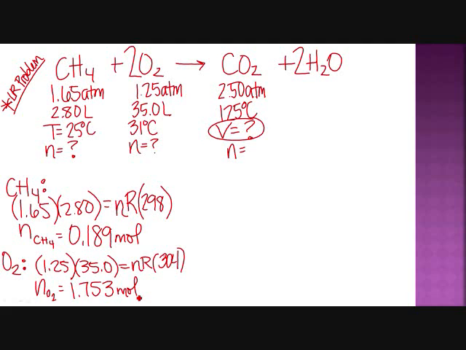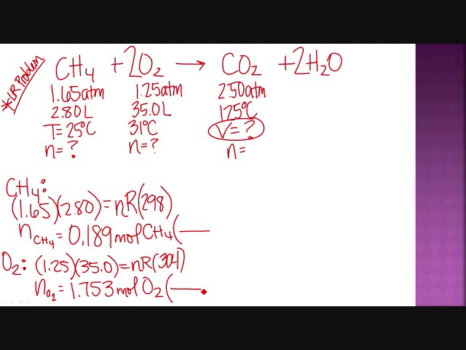Okay, so now this is moles of CH4 and this is moles of O2. Now we're going to multiply to change it into moles of what we want, which is the CO2, because what we want to know about at the end is something about CO2. So we're going to multiply by the mole ratio. What goes on top?